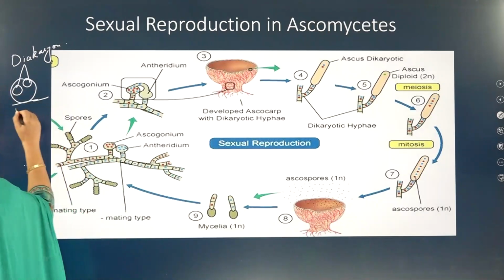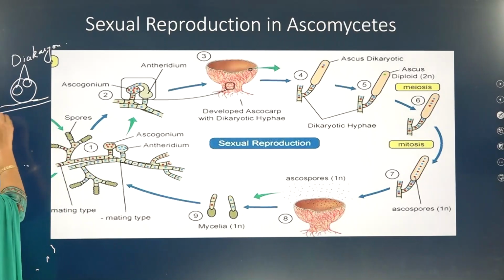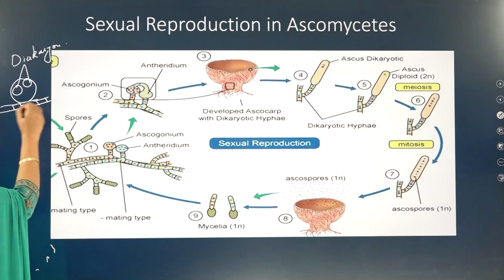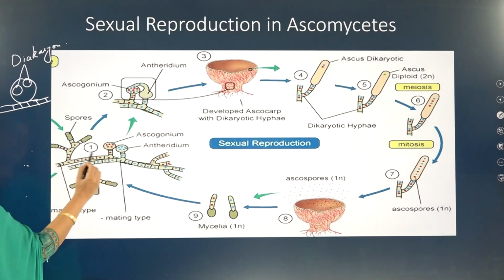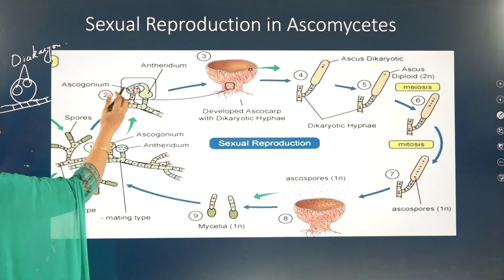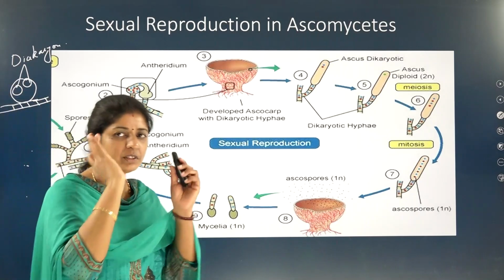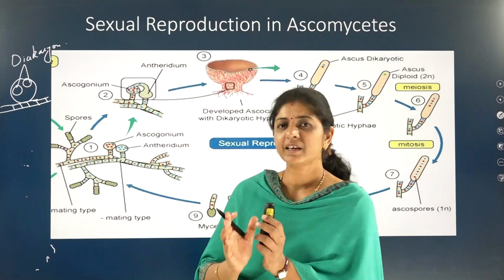What is that mycelium? It is the primary mycelium. This is the primary mycelium which has given out these sex organs, and that sex organ makes the single nucleated structure a dinucleated structure. Just keep that in your mind. Fine. It is a dikaryon stage.